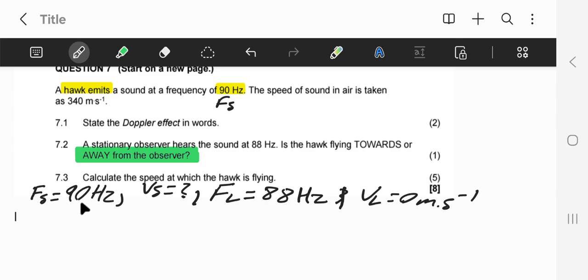We have also been told that the speed of sound, according to our statement, is what? 340 meters per second. So here we are going to write 340 meters per second.